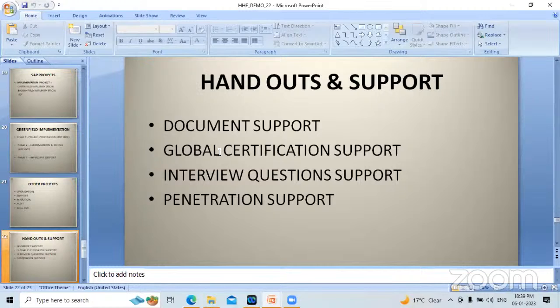Another is global certification. As I have told you, Henry Harvin is going to give you the education training certificate, meaning the SAP training certificate. But SAP is a company dealing with 257 plus countries, right? 120 plus currencies and 44 plus languages. In that state, you can understand that it is not going to work out at all.